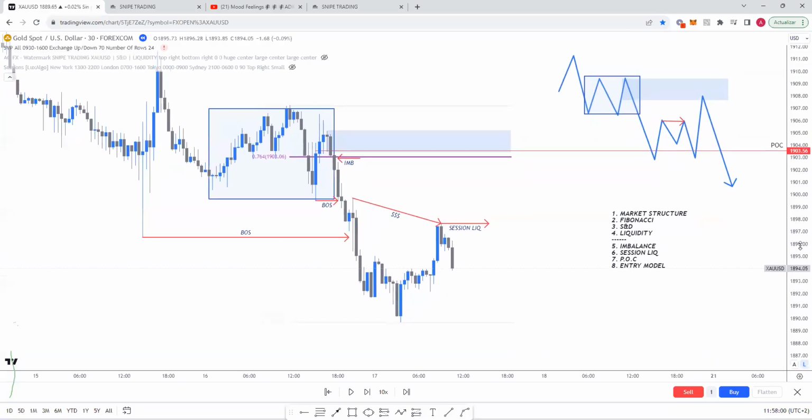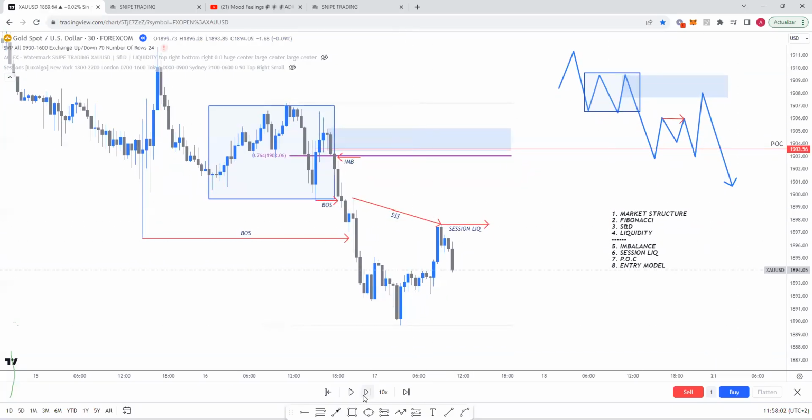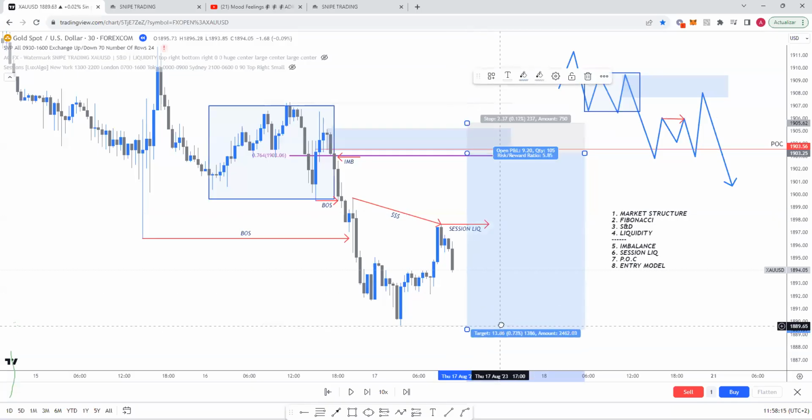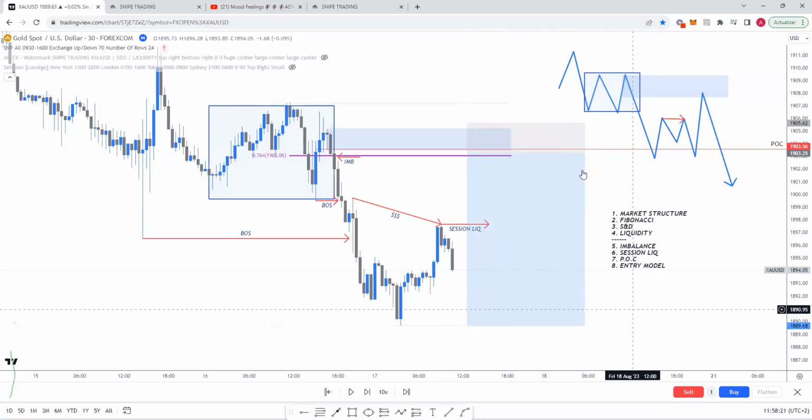So we had 8 of 8 confluences, and obviously right here we could have entered somewhere below the zone. I think we had a 24 pip stop loss, something like that. And our main target was the 100% of the Fib, although I'm still holding some of it.